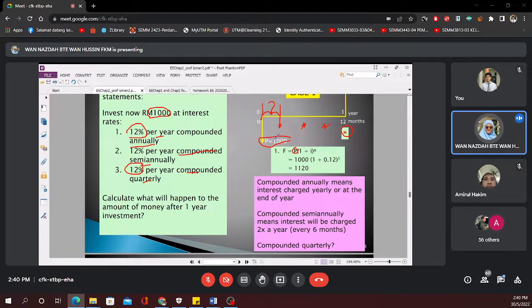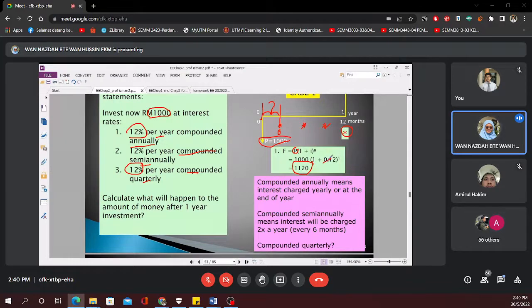But if the bank wants to calculate the interest at the end of 6 months here, the principal here is no longer 1,000. It is 1,120?